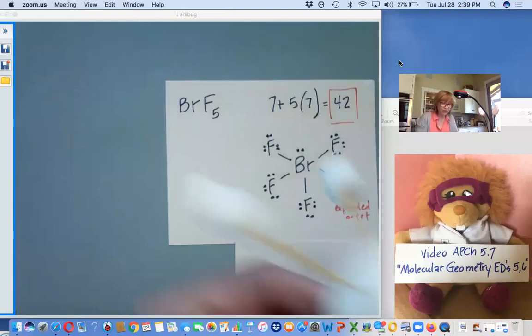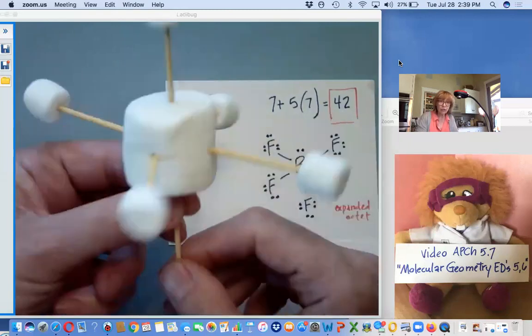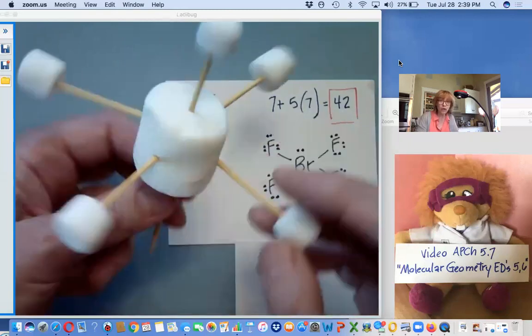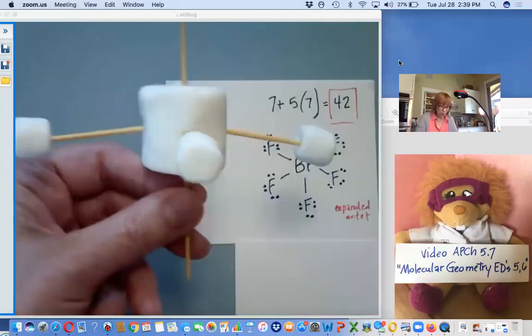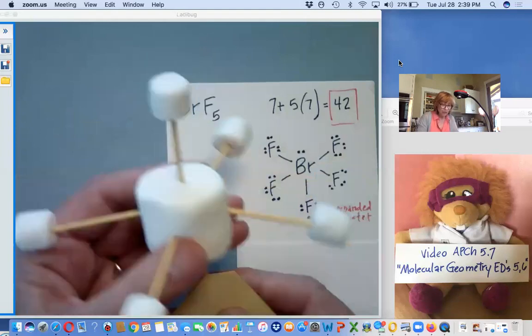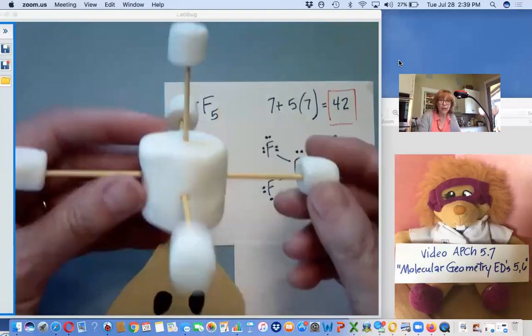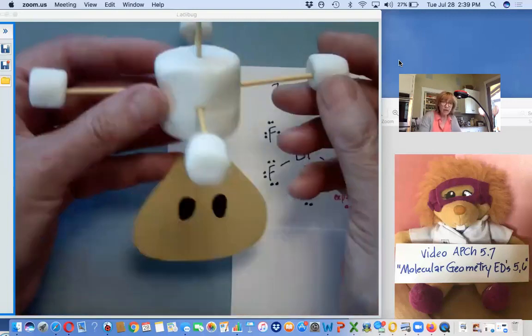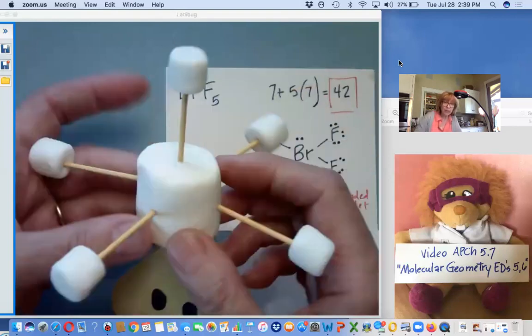So we're going to put our 6 toothpicks in this octahedral configuration, 4 on the equator and then the axis, and one of the electron domains is not a bond but a lone pair. The name of this geometry is square pyramidal.